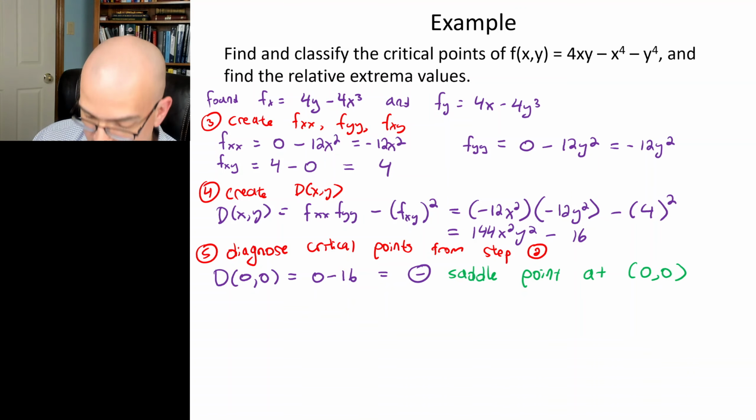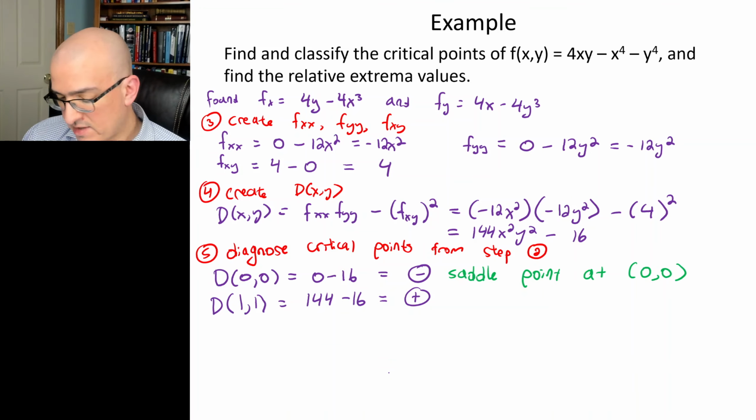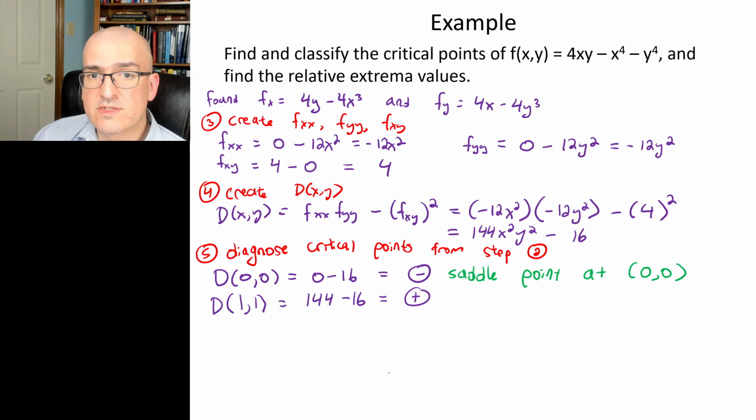Now we go to the second critical point, diagnose that one. Capital D at 1, 1. So we have 144 times 1 squared times 1 squared, which is 144, minus 16. I'm not going to even calculate what that is. All that matters is that it's positive.